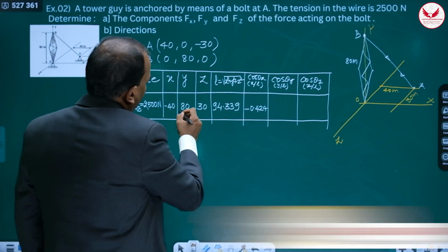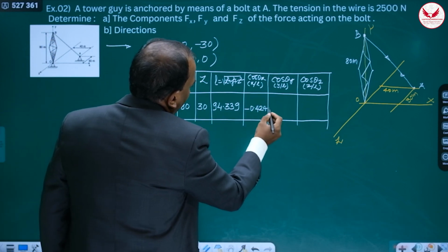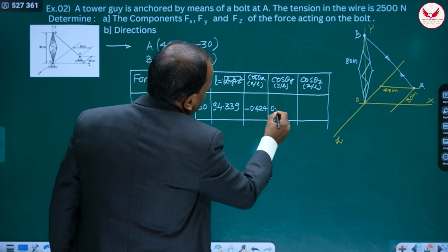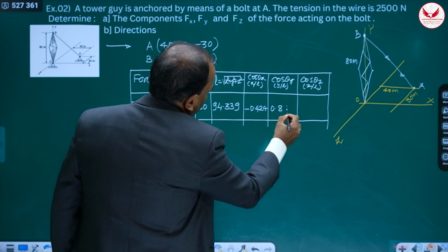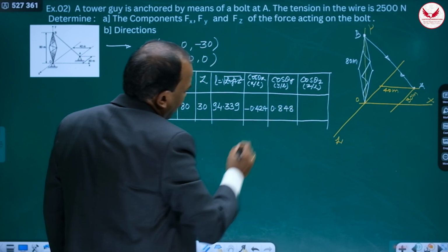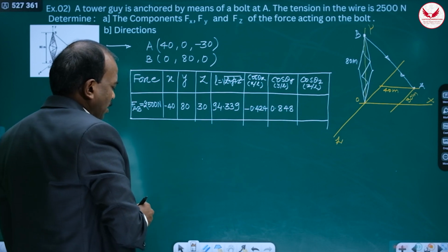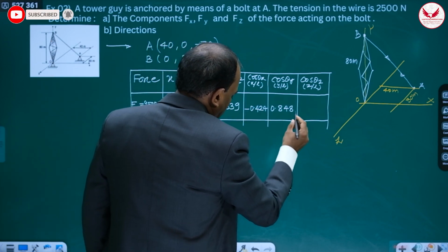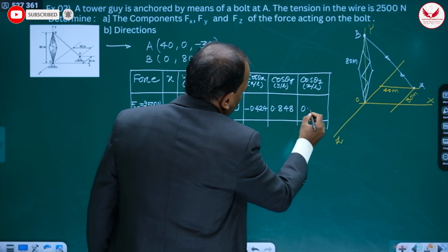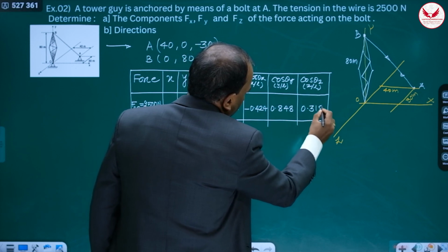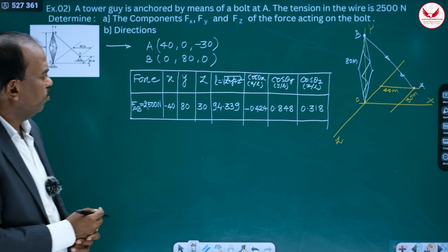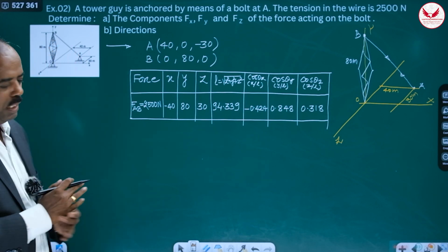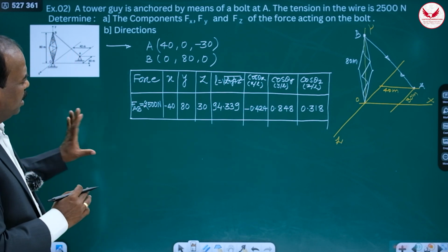Then what will be the value of Y? It is going to be double of this, plus 0.848. It is Y by L simply. And then the last one is again 30 by this 94, which is going to be 0.318. Means like this we can easily complete the table.